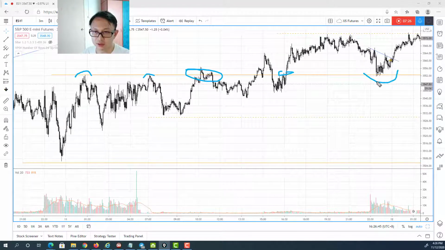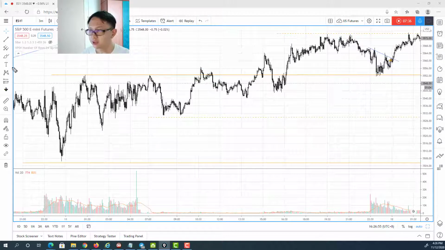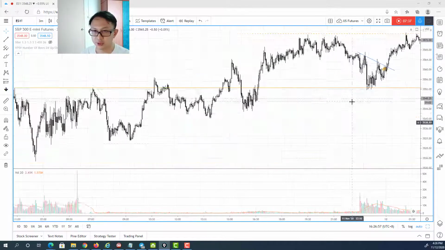During the US session, it just touched it, with no commitment to the downside, and consolidated before it rallied up. So let me just dive straight in.